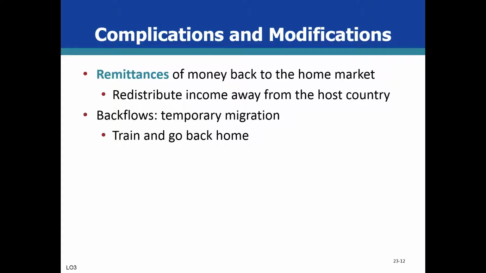All I'm doing is pointing these out so that you can see that real-world considerations break down some of the simplifying assumptions used in the theoretical model. Due to backflows, both of people, backflows of money, and the fact that there may be much more transition time and transition friction from legal migration than what's explained in the theoretical model.